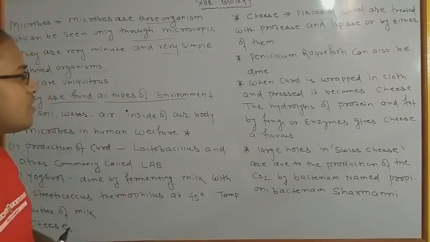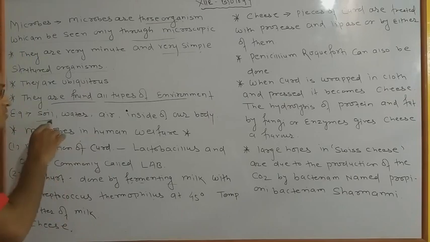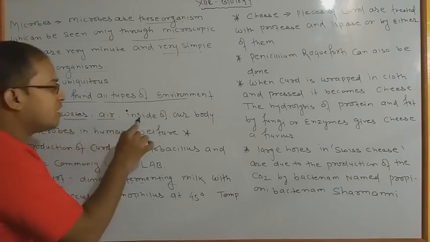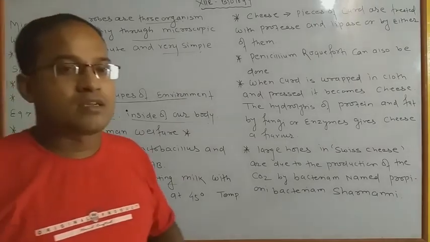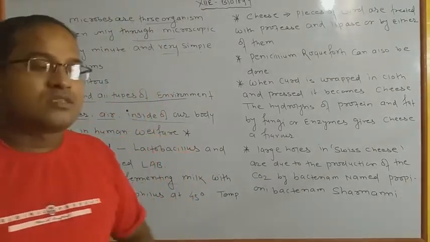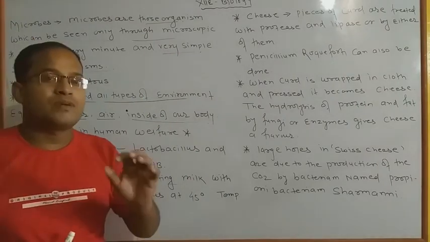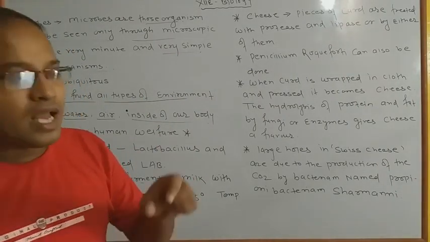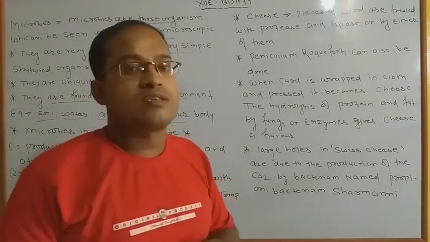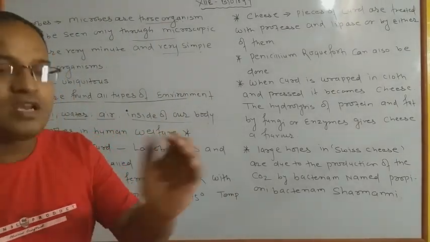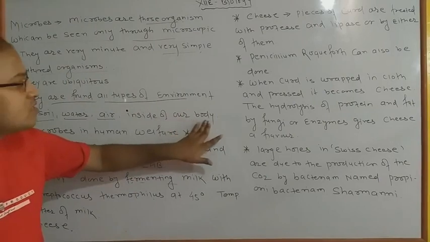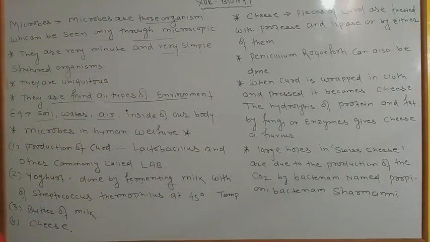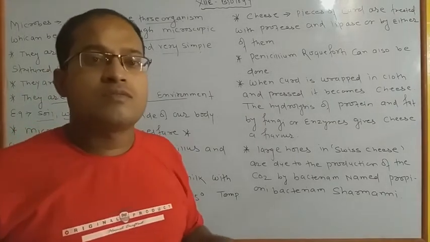The environments may be soil, water, air, inside our body, humans, plants and animals also. So microbes have a special characteristic feature, and that is ubiquitous, meaning omnipresent.